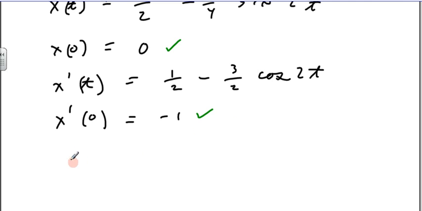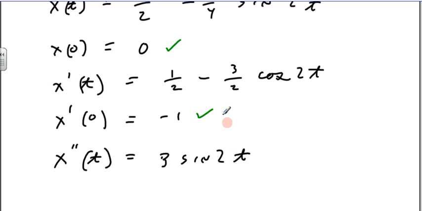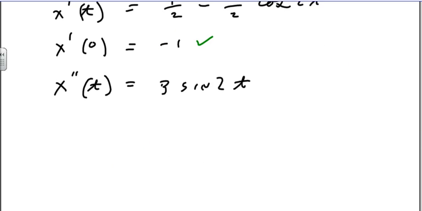I'm going to need an x double prime of t. X double prime of t is going to be 3 sine 2t. The derivative of minus cosine is going to be sine. Okay, so that's good. Now we've got to check the y guy.